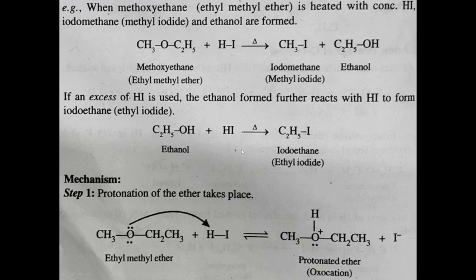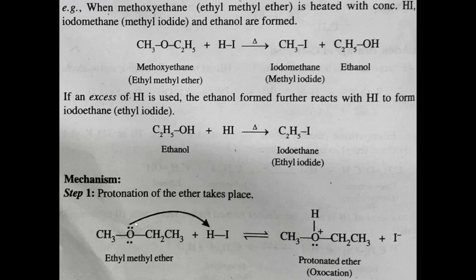The mechanism starts with the protonation of the ether. As you know, ether oxygen contains 2 lone pairs of electrons. This can be easily protonated in the presence of a highly concentrated acid like hydriodic acid. So the first step is the protonation reaction.